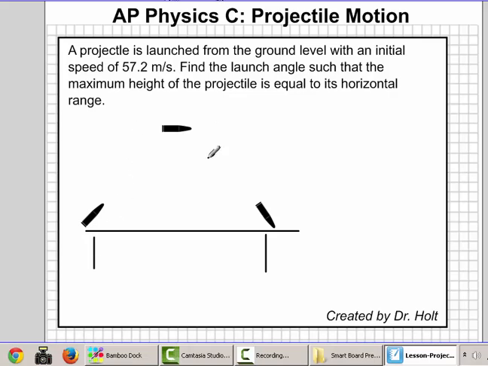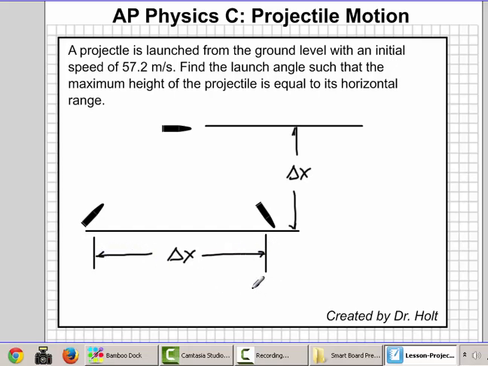This distance here, we'll call this delta x, must be the same distance as this value right here. So that's what the problem's really trying to say. The distance here and here will be the same as this distance here and here. All right.